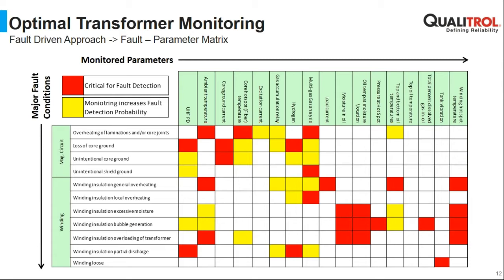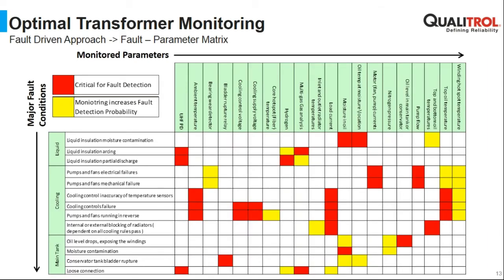Coming to the next slide, there we will have some more parts: the main tank, a cooling system, the leak with the oil itself. In order to find out if the cooling system is running, most likely a VGA will not help.